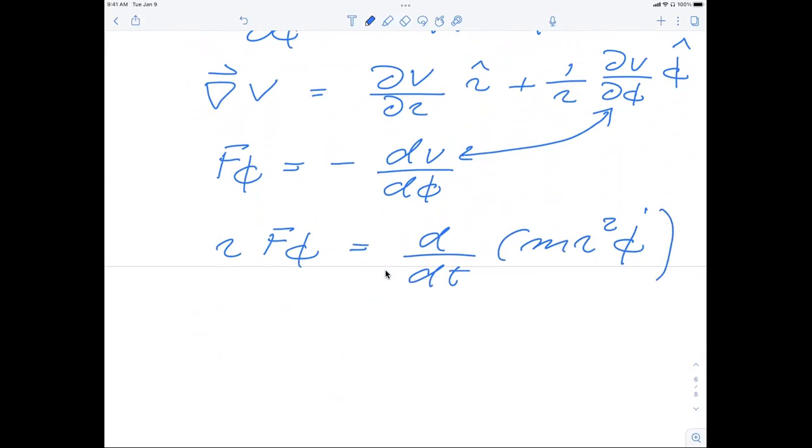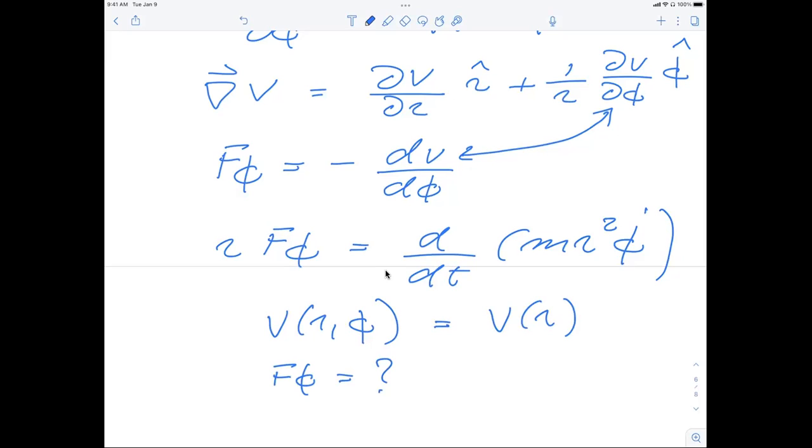Now what happens if V, instead of being a general function which depends on both coordinates, only depends on r? So what happens with F of phi? Suppose we now go back to what you have seen in chapter 8.